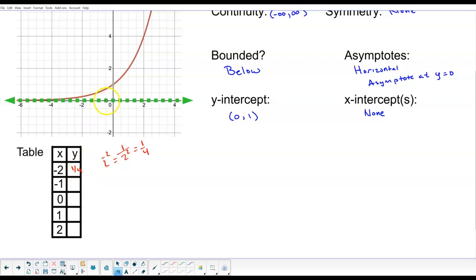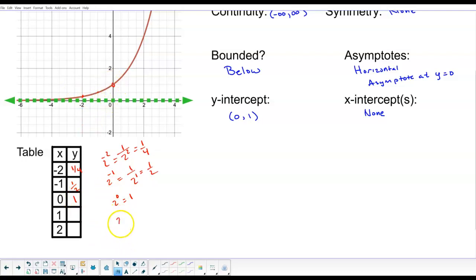So that means I would go over -2, and this value would be up 1/4. Then you plug in -1. That's 1 over 2 to the 1st power, which is 1/2. So go over 1 up 1/2. And then 0, that's the friendly one. Anything to the 0 power is 1, which is why our y-intercept is right here.